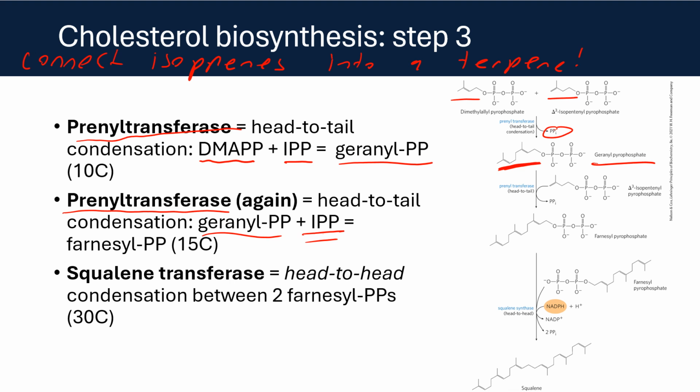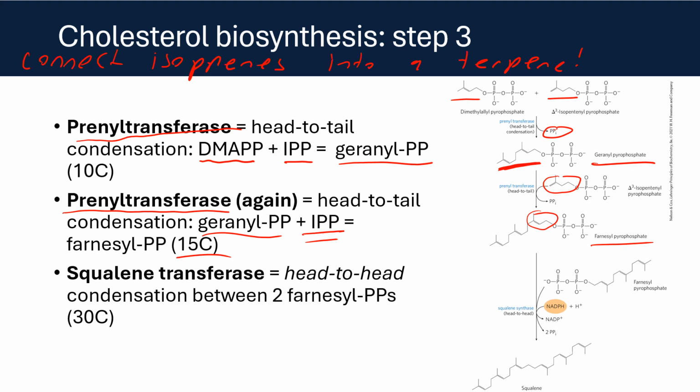The product of this condensation, of adding in this unit over there, is going to be farnesyl pyrophosphate. Adding in this 5-carbon unit to the 10-carbon geranyl pyrophosphate will give us a 15-carbon intermediate.